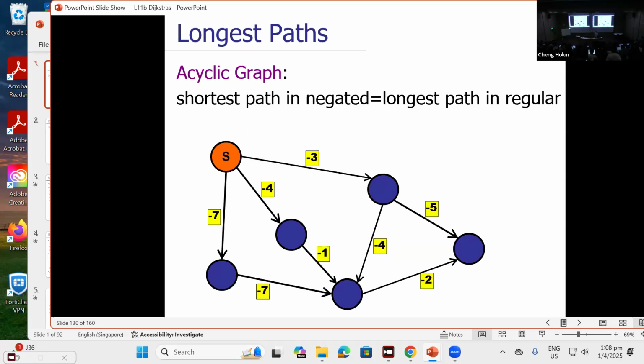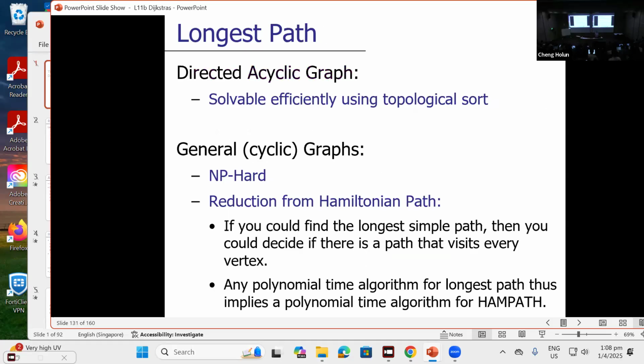However, your path has to be acyclic. In general, if you want to find the longest path for a general graph, it's actually NP hard.